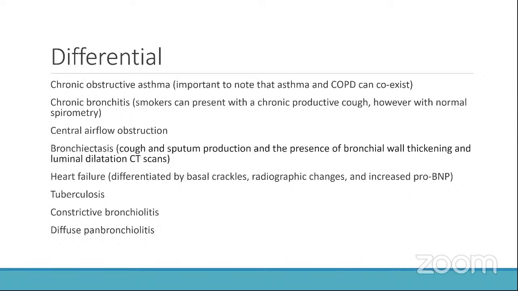Heart failure also presents with similar features, and that's how you differentiate this on examination, such as basal crackles on auscultation, X-ray changes of heart failure, such as enlarged heart, and then increased proBNP, which is a blood test. TB, as well as constrictive bronchiolitis and diffuse bronchiolitis, which is less common.